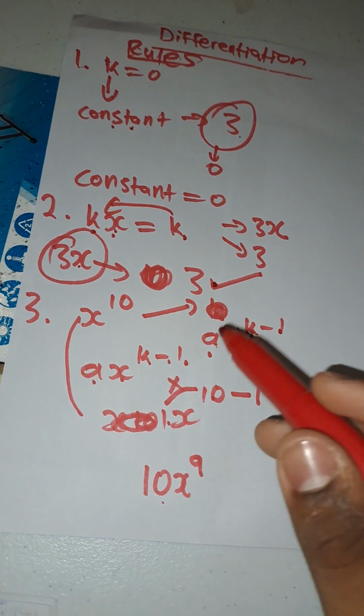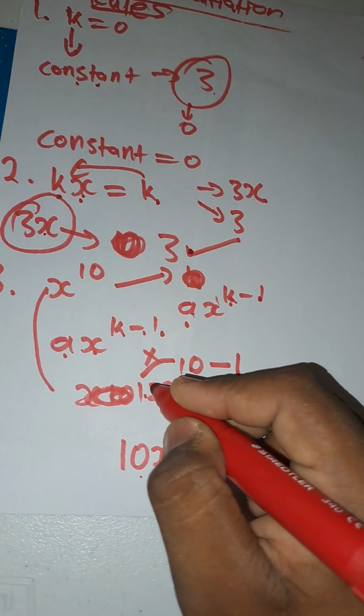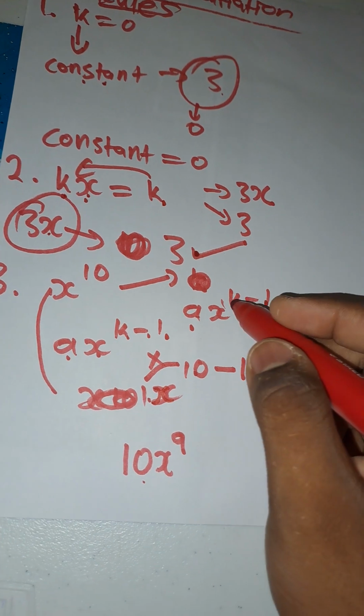The third one is the power rule, whereby your x is raised to any value.